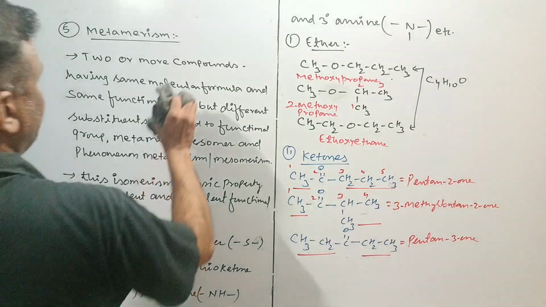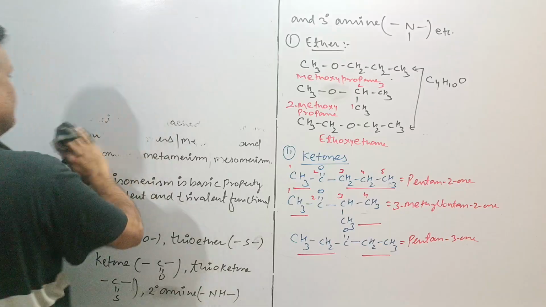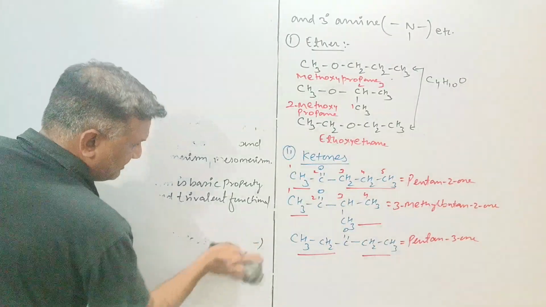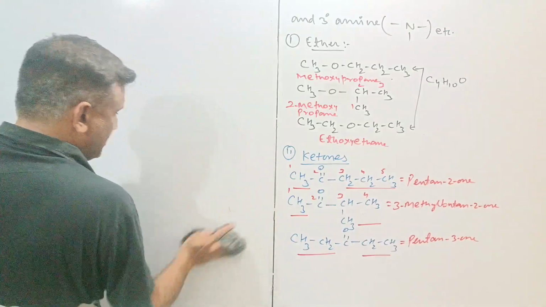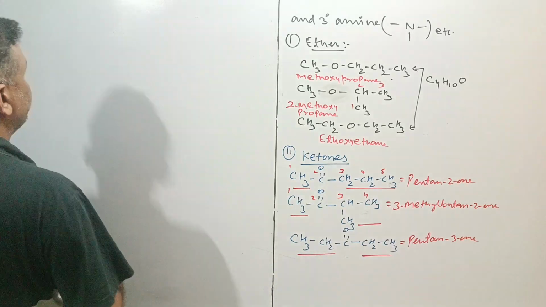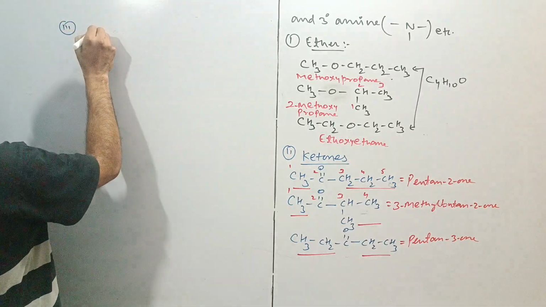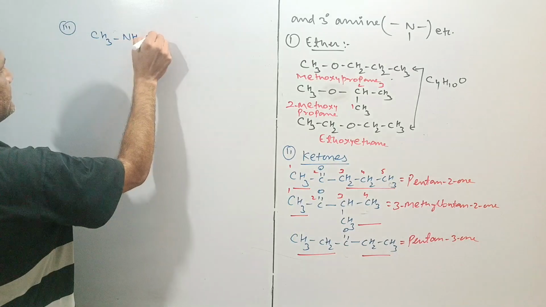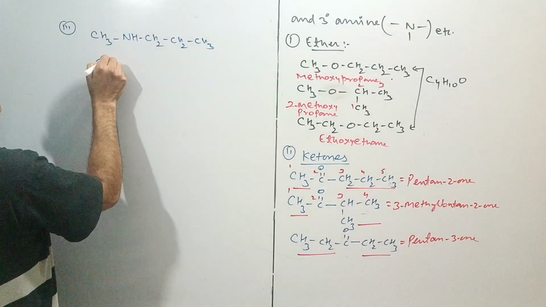Now it's time to discuss metamerism regarding 2-degree amine and 3-degree amine. So see the actual formulae of the compounds. The third example we can take is regarding 2-degree amine: CH3, NH, CH2, CH2 and CH3.